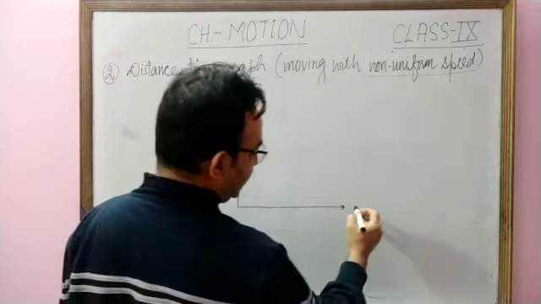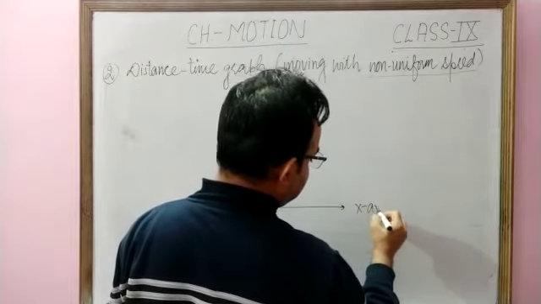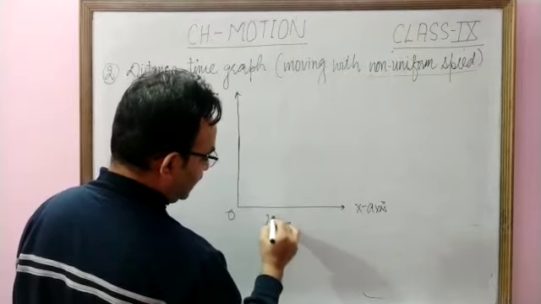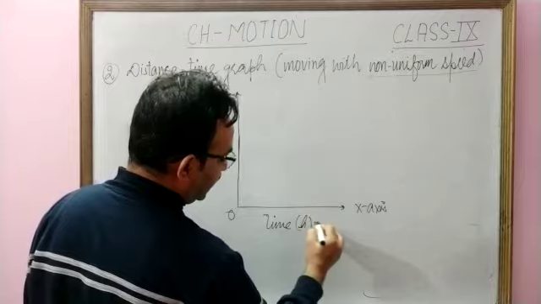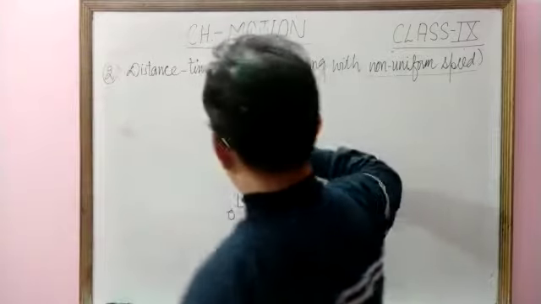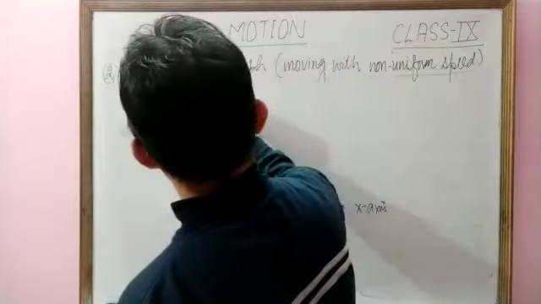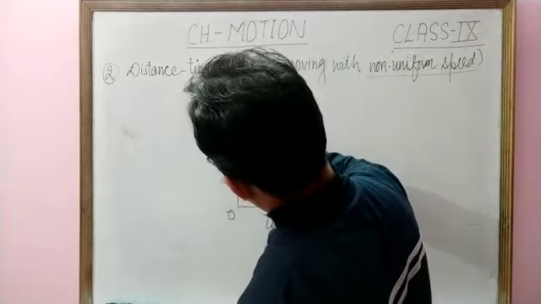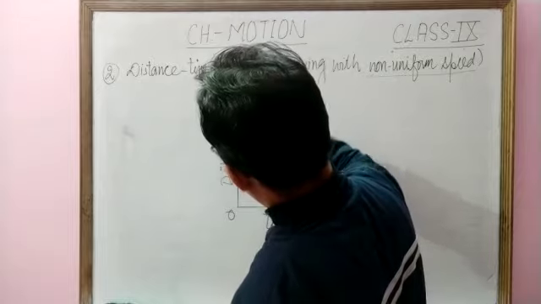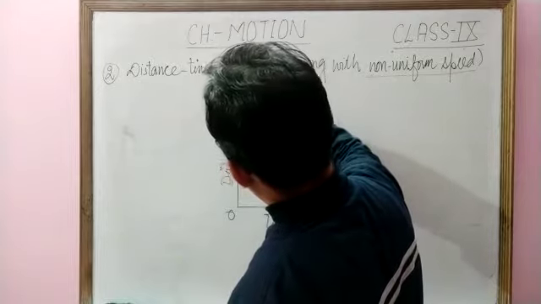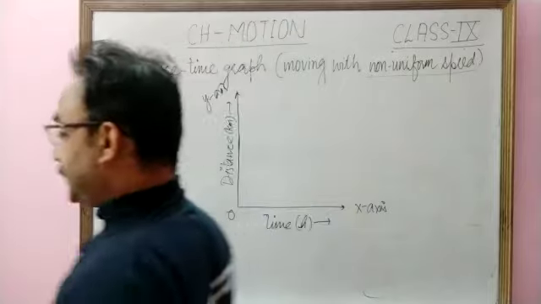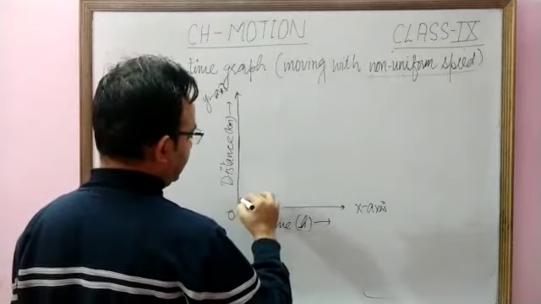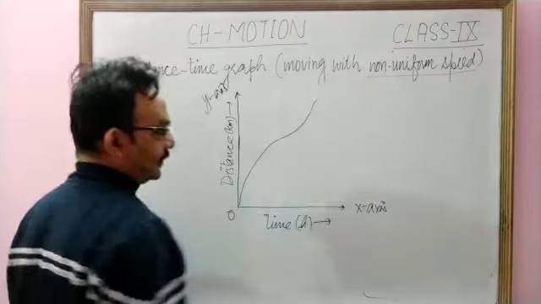So here the horizontal component, the x-axis, is time in hours, and along the y-axis, the vertical component, is distance in kilometers. So you will get the graph here. Is it clear?